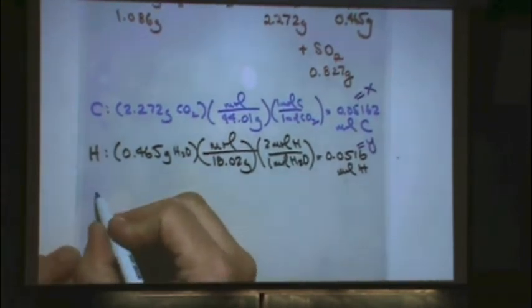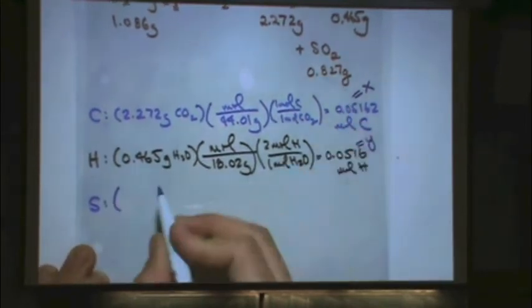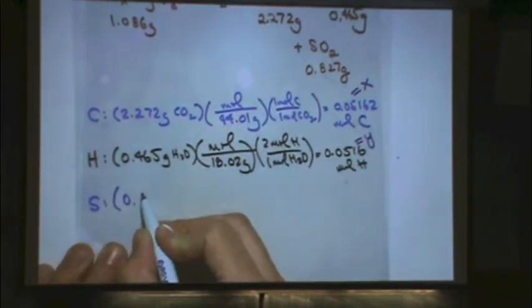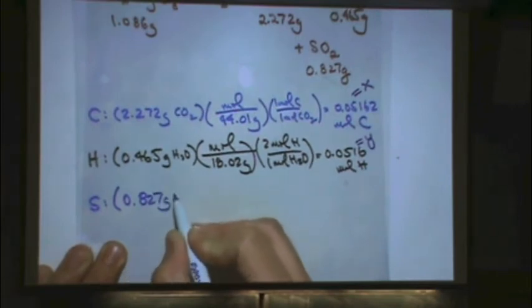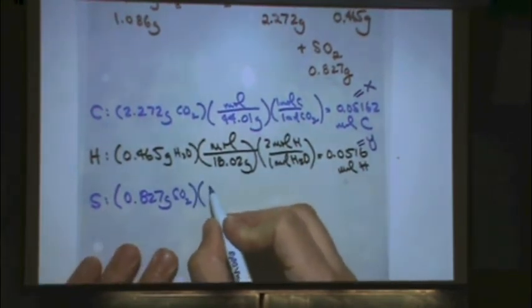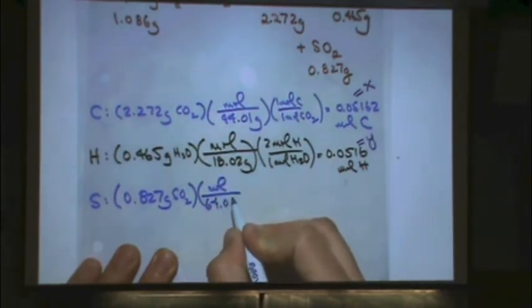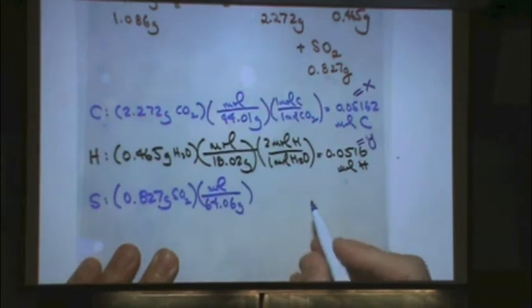Okay, next. Let's do the same for sulfur. Again, sulfur or any other atom, not oxygen, will follow the same process. Sulfur comes from SO2, 0.827 grams of SO2. Now, molar mass to get to moles. SO2 is 64.06 grams per mole. That's from the periodic table.